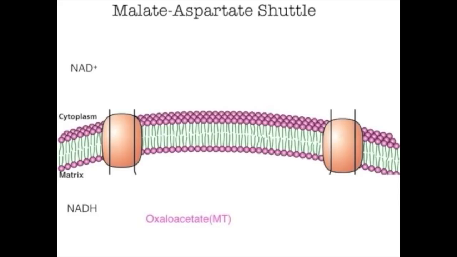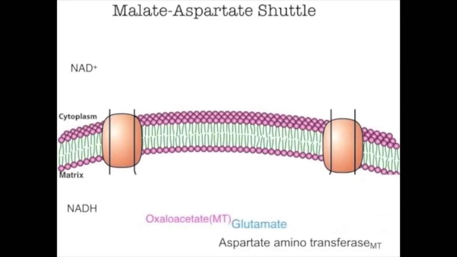group to oxaloacetate. Now remember, at the beginning of the semester I said it's important to know which amino acids have 4 carbons and which have 5. And I said it's important to know which metabolites have 4 carbons and which have 5. And this is why. Oxaloacetate has 4 carbons. So does aspartate.